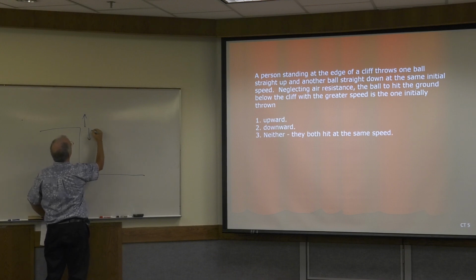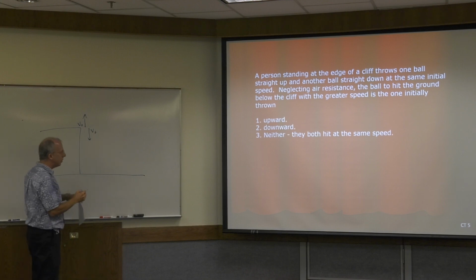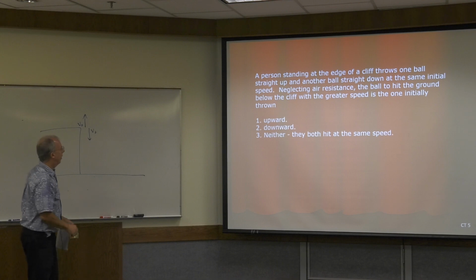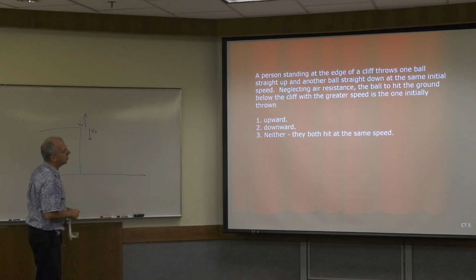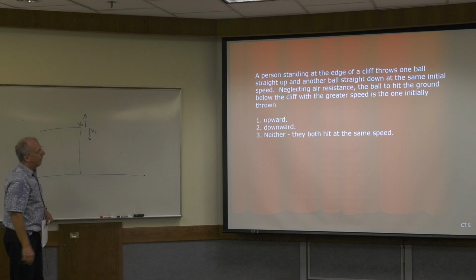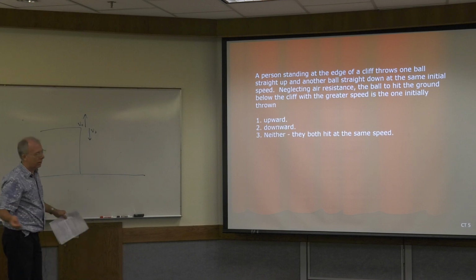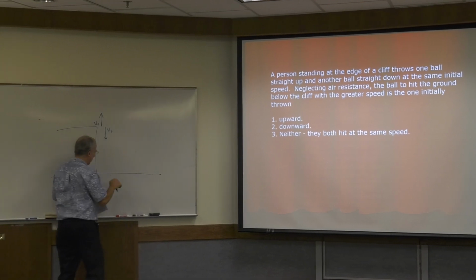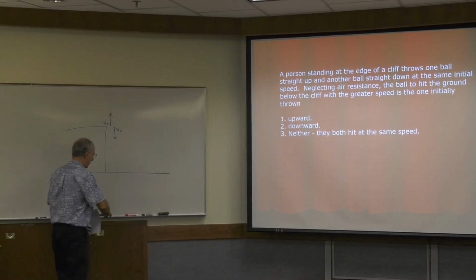Just pretend it's the same, okay? v0, v0. All right, so they both have the same initial speed. Neglecting air resistance, the ball to hit the ground below the cliff with a greater speed is which one? So in other words, this one just goes straight, right? This one goes up, and then down. Okay, so pause your video and figure it out.